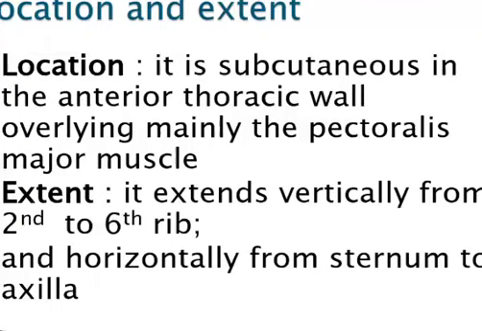The breast is subcutaneous, and it is in the anterior thoracic wall, mainly overlying the muscle we just discussed, that is pectoralis major muscle. Extent. It has a vertical extent and horizontal extent. The vertical extent is from second to sixth ribs, and the horizontal extent is from sternum to axilla.